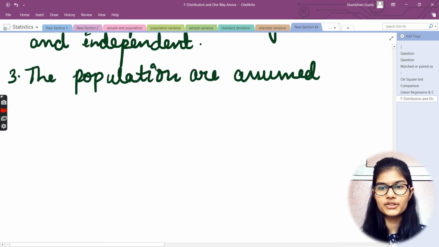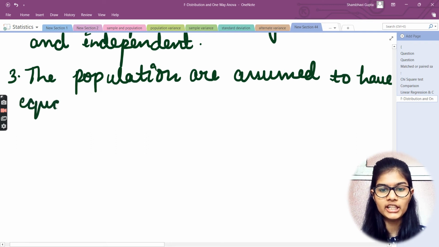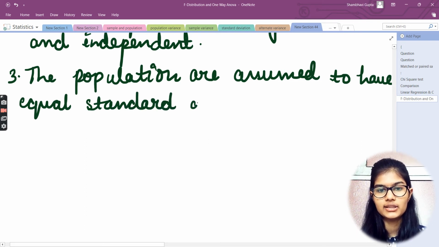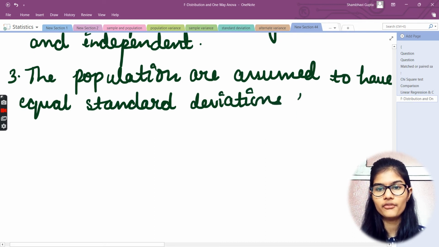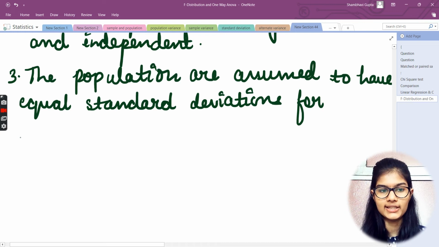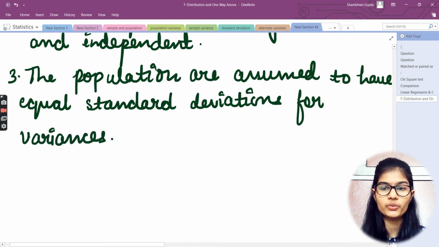So the populations which we have are assumed to have equal standard deviations or variances, right?